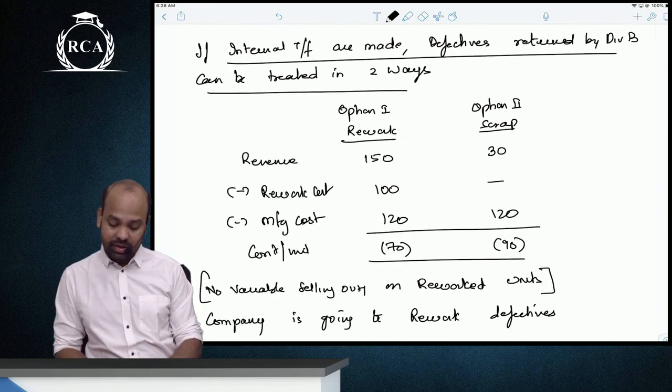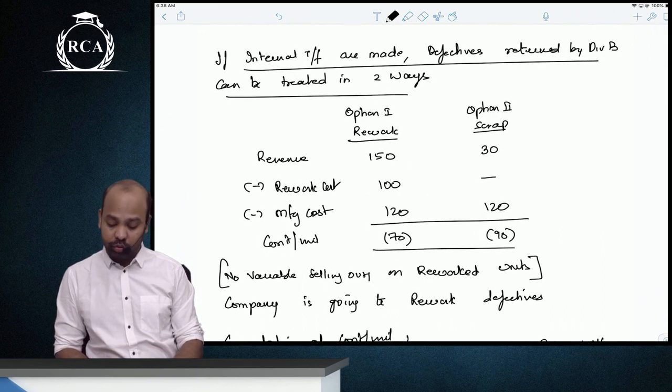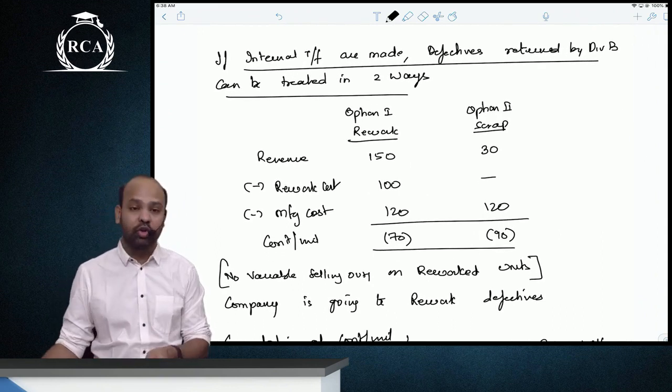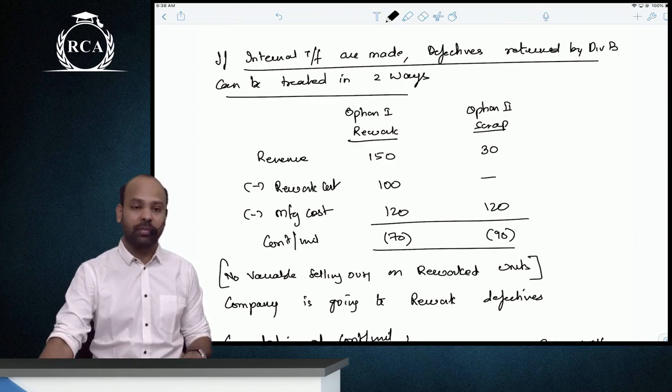Let us all copy this, guys. Now, if internal transfers are made, what can you do with the defectives? And then you will write contribution per unit, and then we will allocate production capacity. Okay, sir?